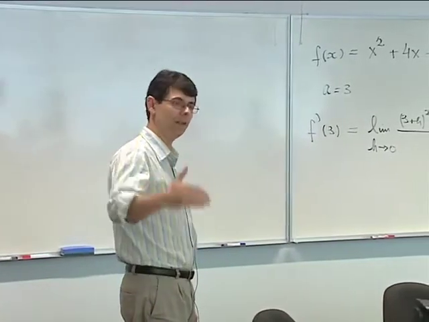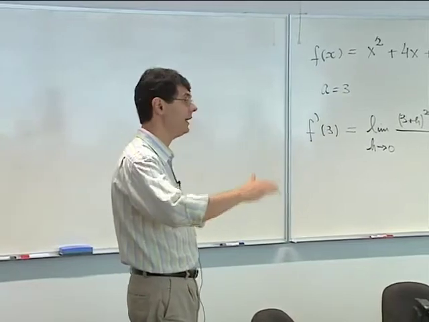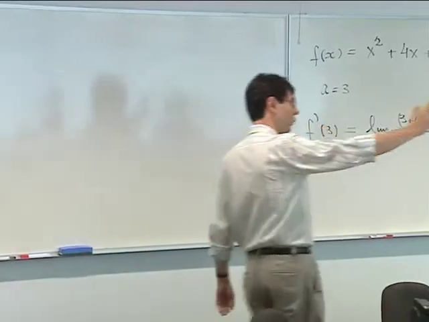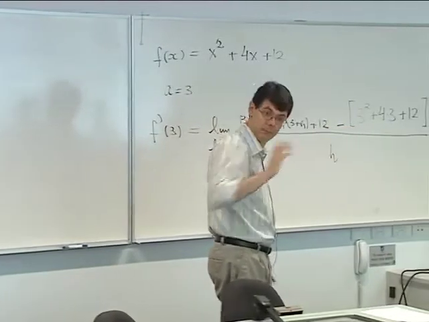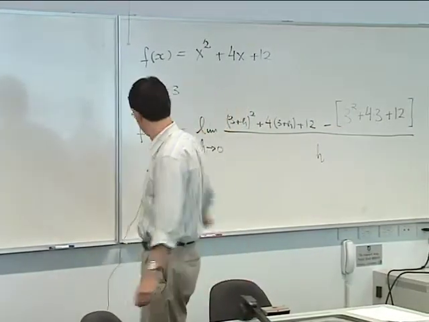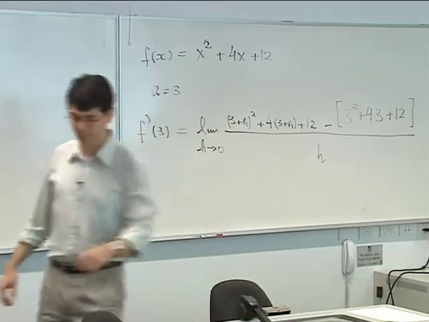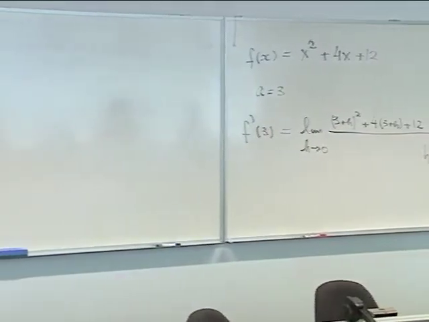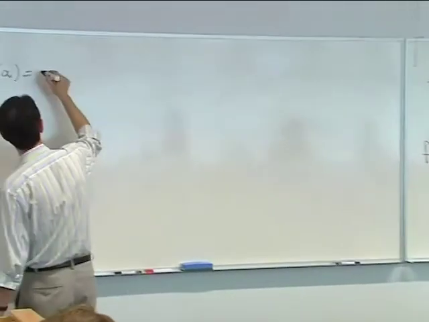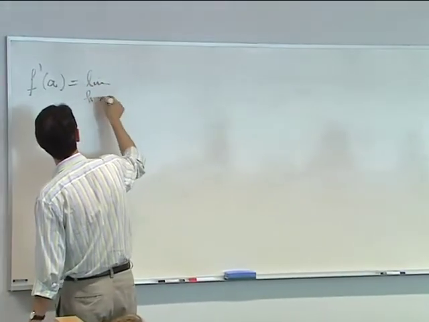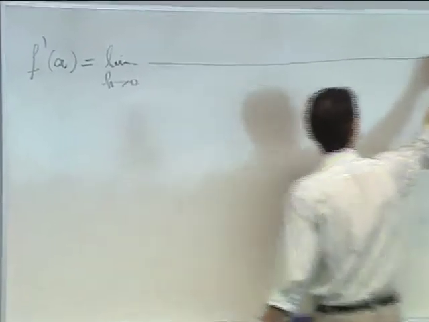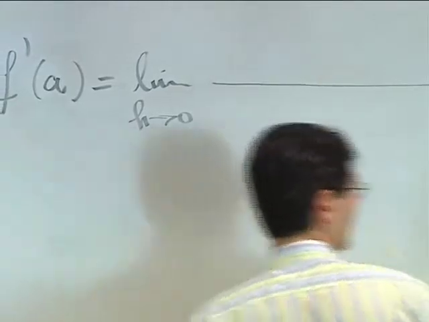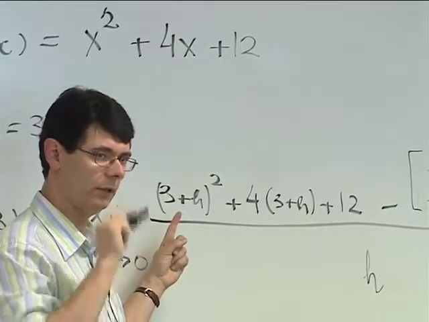Right? So all of a sudden you can have a slope when A is equal to 3, A is equal to 1, A is equal to 7, A is equal to 20. Better, right? So try it. Try it and see. f prime of A is the limit when h goes to 0 of, I'm going to skip one little bit here.